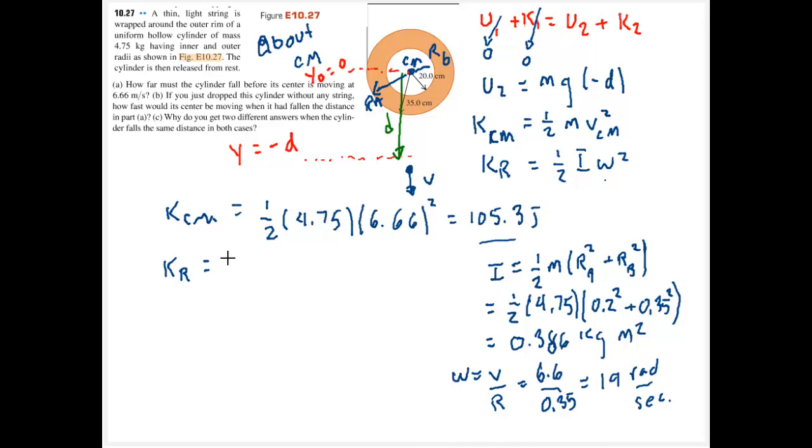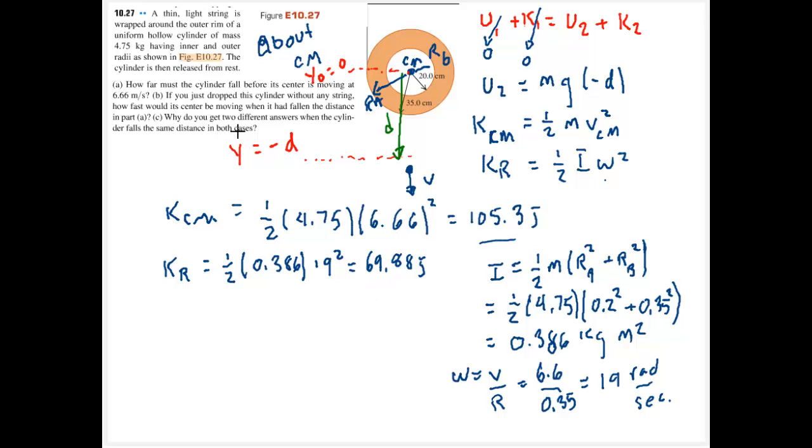So now it's a simple matter of saying 1/2, my I is 0.3866 kilograms meters squared, and my angular velocity is 19 squared. I punch all that into my calculator and I come up with 69.88 joules.